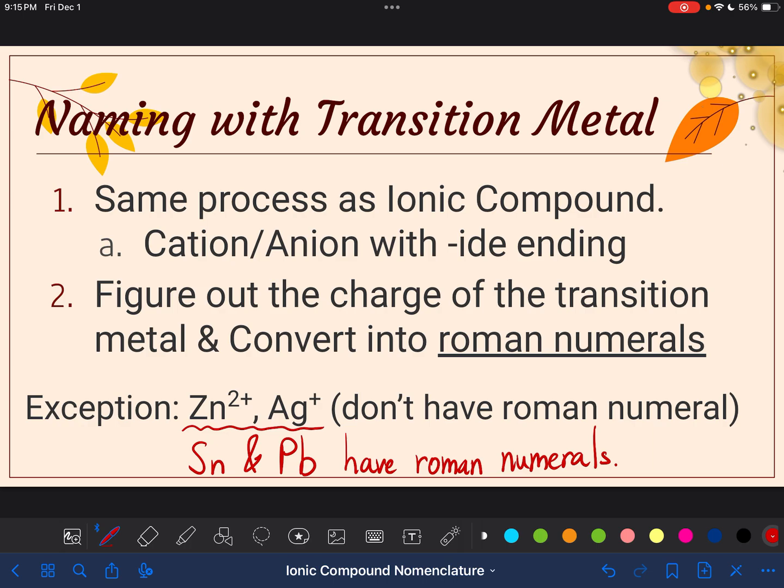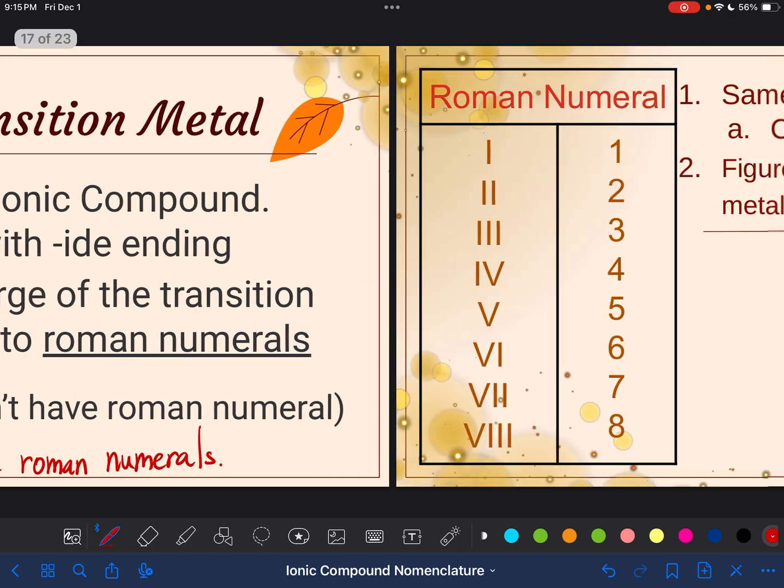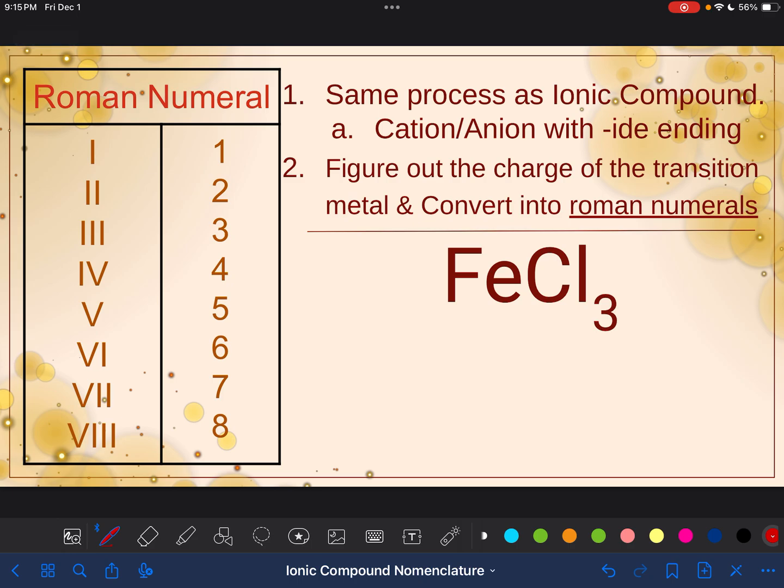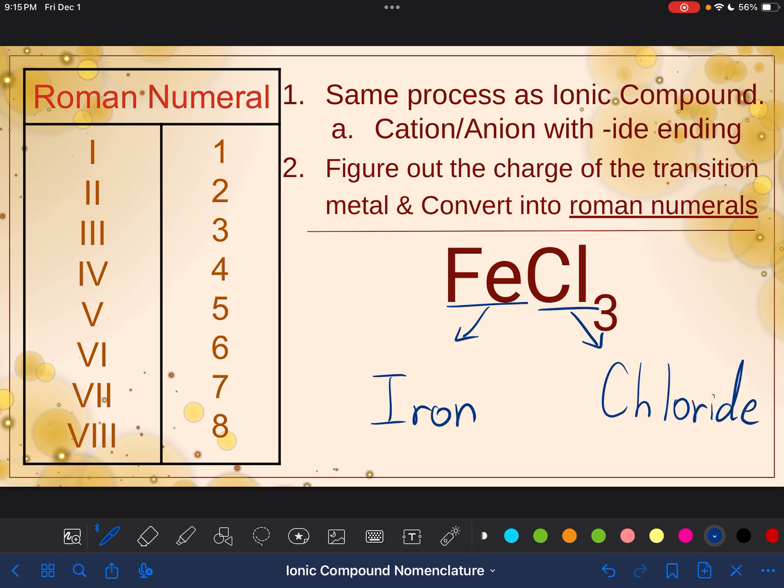Okay, so let's go over it. If you don't know the Roman numerals, make sure you copy the chart that you see on the left side. So number 1, let's figure out what FeCl3 is. Well, we already know Fe is iron. Cl is chlorine, or to be more specific, chloride. Now, in order for us to figure out the charges, this is very important.